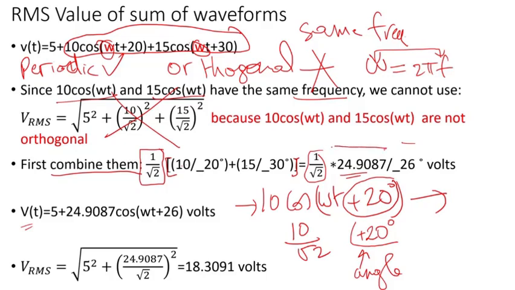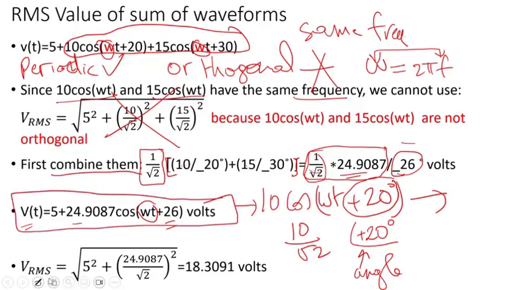Because this value here is RMS, but when I multiply it by cosine, I have to convert it to peak, so I have to do times √2. So this √2 will go away. So plus this value here times cosine, because I started with this frequency, plus this angle here, 26. So now I combine them.